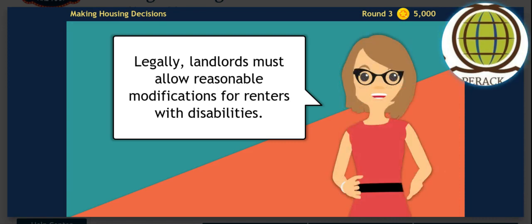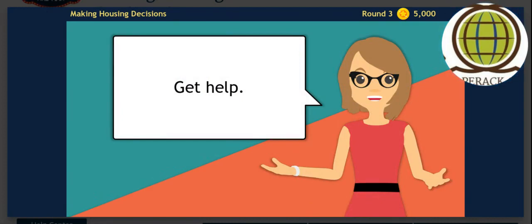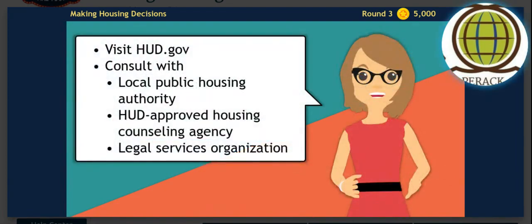If you think your rights have been or are being violated, get help. Visit the U.S. Department of Housing and Urban Development's website at hud.gov for more information on your rights. You can also consult your local public housing authority, a HUD-approved housing counseling agency, or a legal services organization.